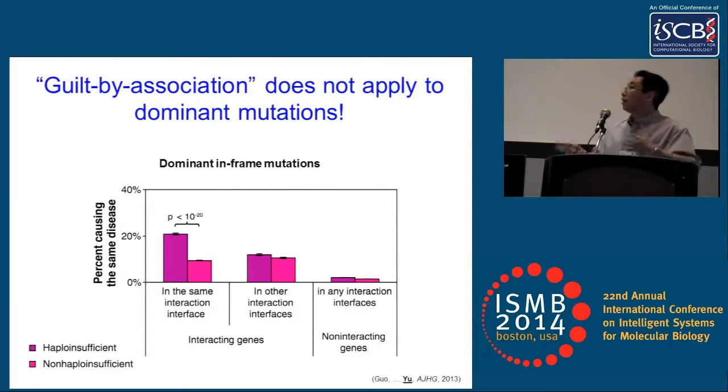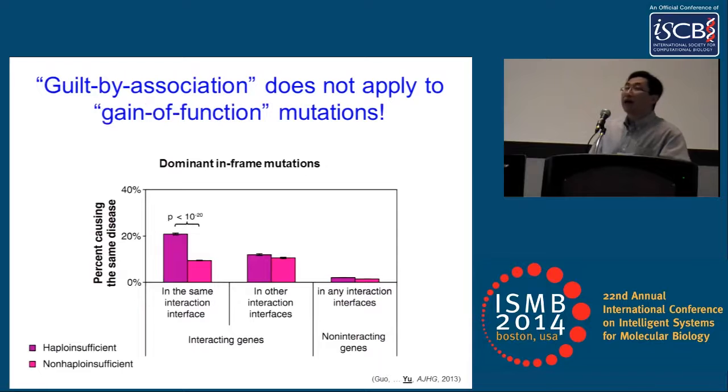So we divided the dominant mutations into haploinsufficient dominant mutations versus potentially non-haploinsufficient dominant mutations. And we found that for the haploinsufficient ones, now you can see the separation between on the interface versus somewhere else on the protein. Guilt by association starts to work. So really, guilt by association does not apply to gain of function. I think this indicates that our hypothesis is right. It's the gain of function mutations.